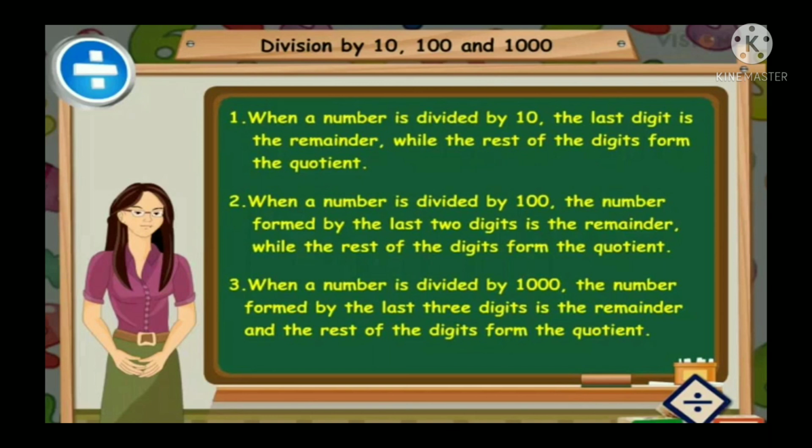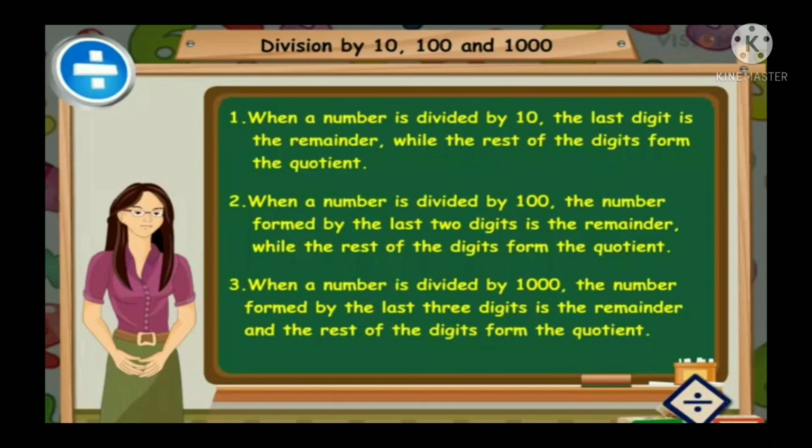So students, here is a summary of division by 10, 100 and 1000. When a number is divided by 10, the last digit is the remainder, while the rest of the digits form the quotient. Second, when a number is divided by 100, the number formed by the last two digits, which is ones and tens place, is the remainder, while the rest of the digits form the quotient.